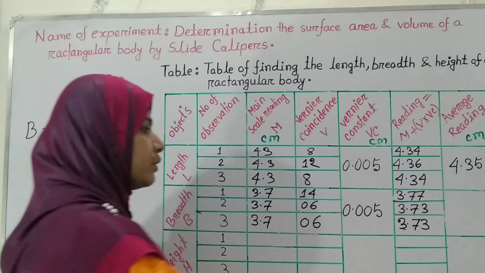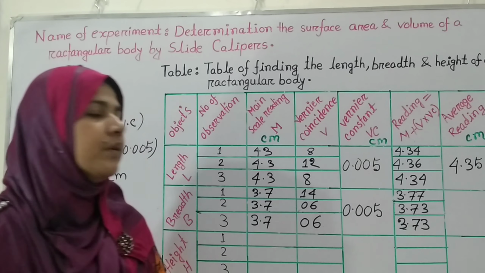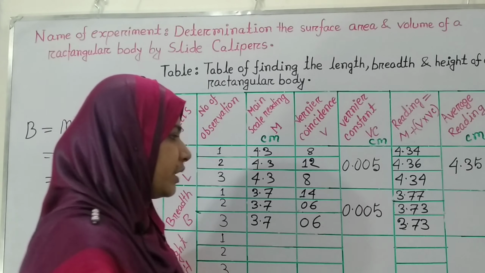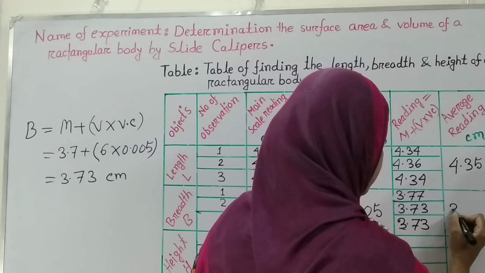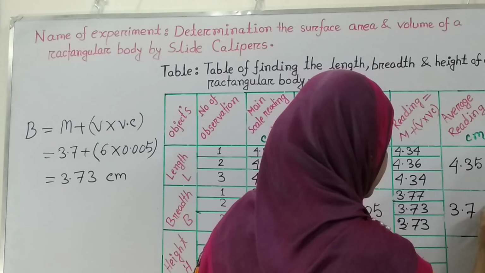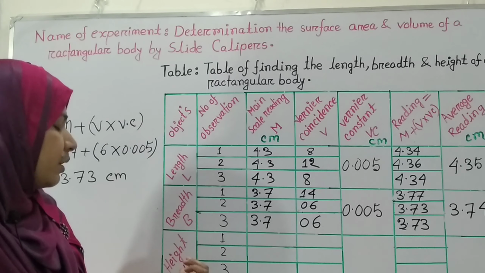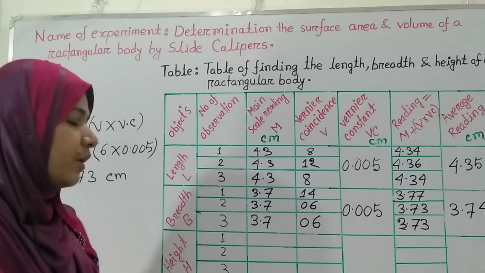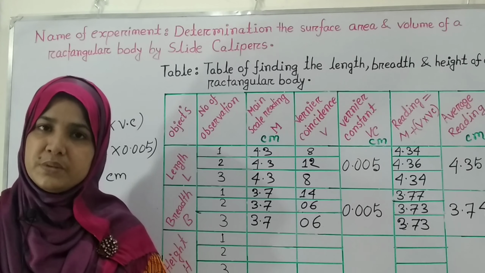Now I am going to take the average value of these readings. So the average value is 3.74.